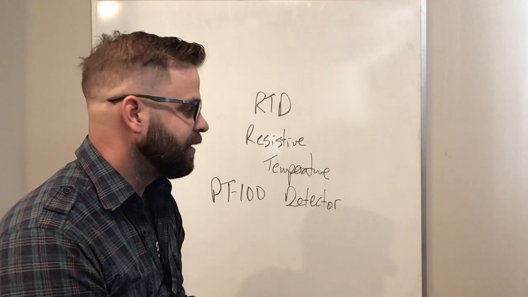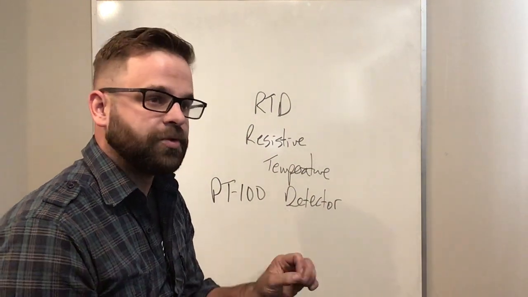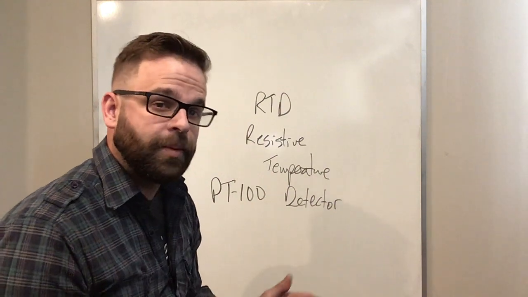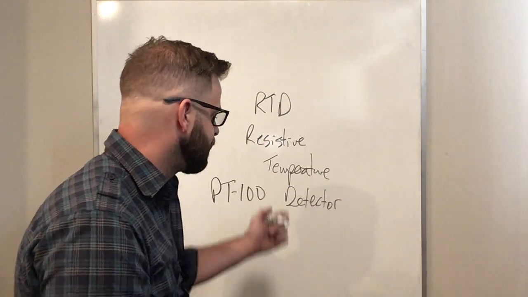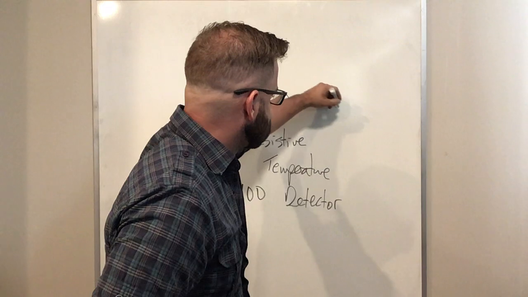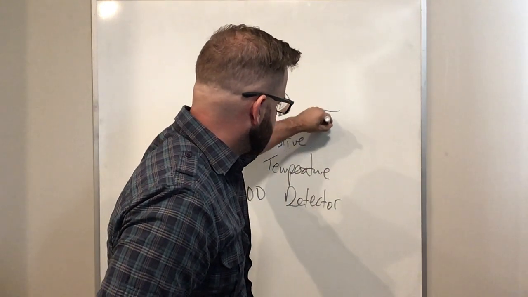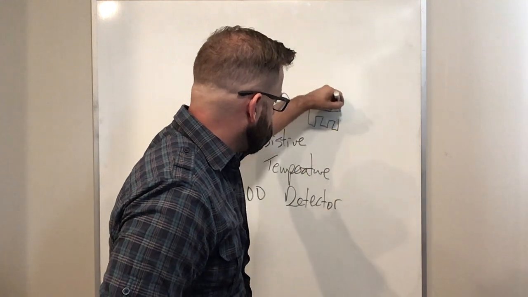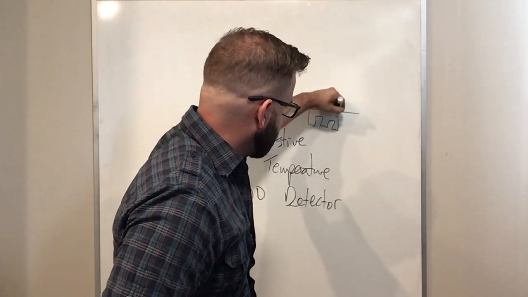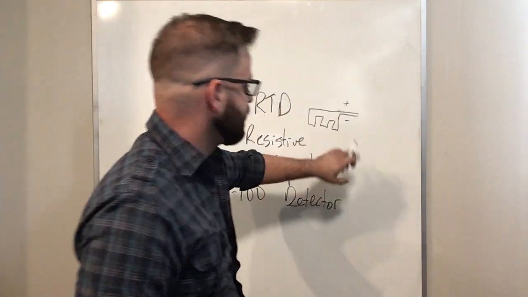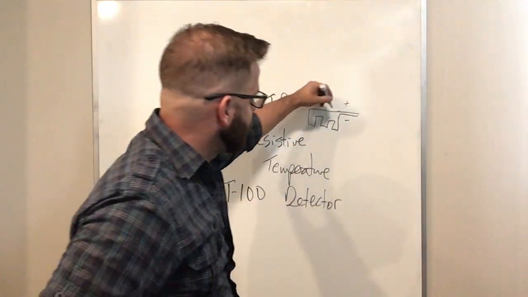So if I add multiple wires, and those wires are just going to be in parallel with the other ones. So if I have my little RTD, which typically is platinum wire, and then on a little ceramic grid, and this is the positive and this is the negative, that would be a 2-wire one.